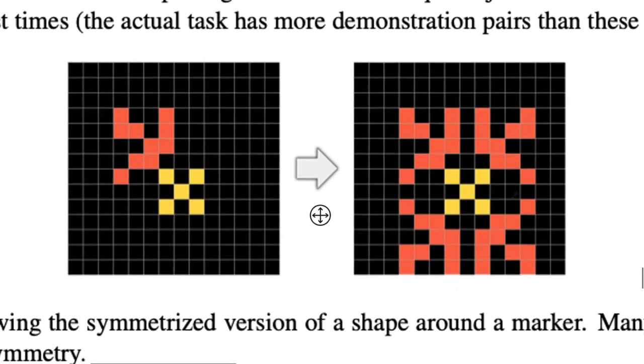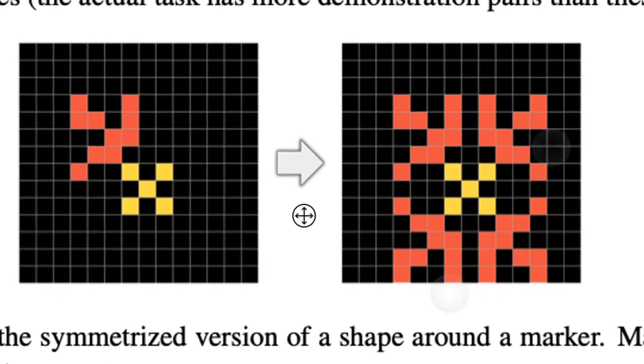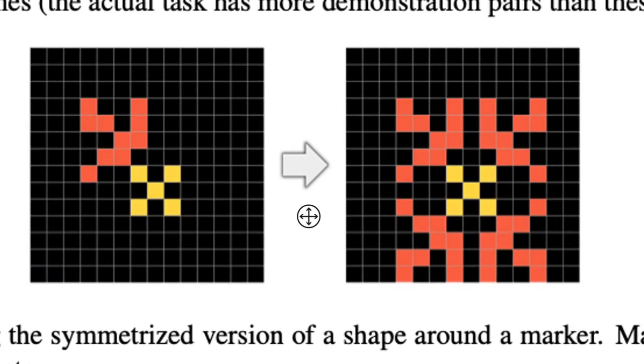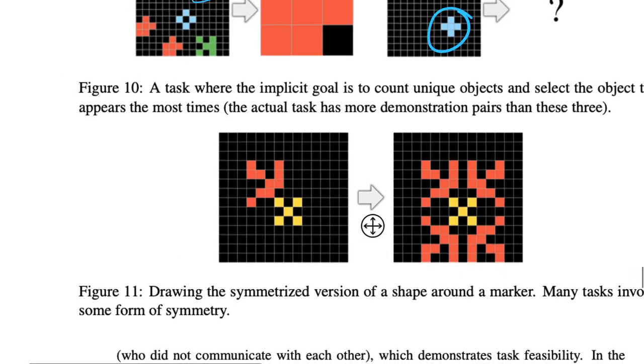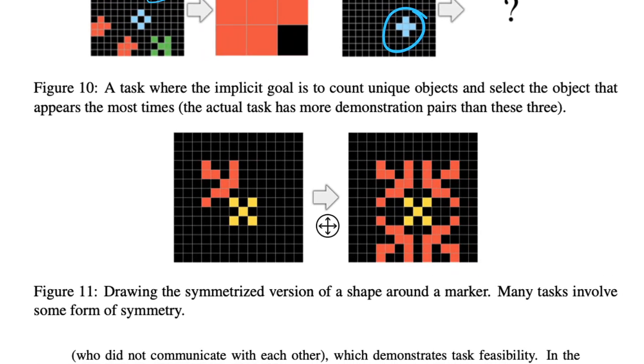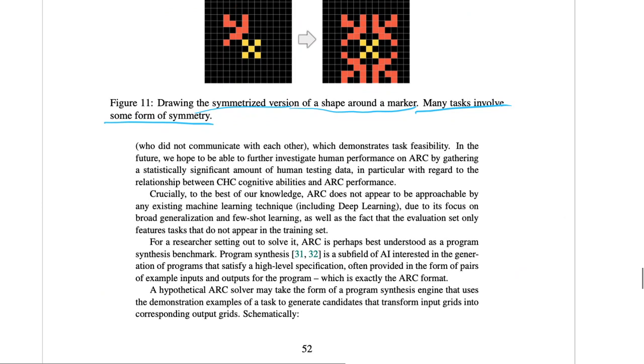Now, as a human, you need one demonstration to get this. Maybe you need more, but many tasks involve some sort of symmetry. Okay, drawing the symmetrized version of a shape around a marker. That's going to be fairly hard for a machine to learn without the developer knowing that this task is coming.